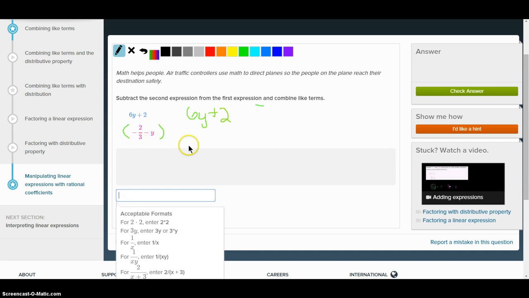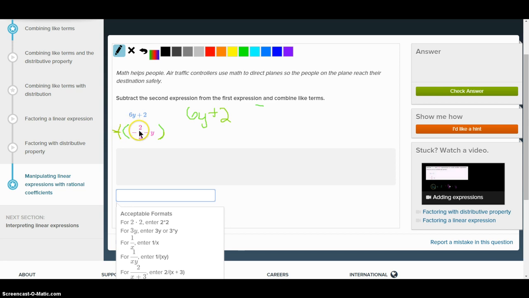We can rewrite this part, since we're going to subtract it, with a little negative sign, and then we'll multiply this negative by each part, and we'll have negative 2/3 times negative 1, I should say.